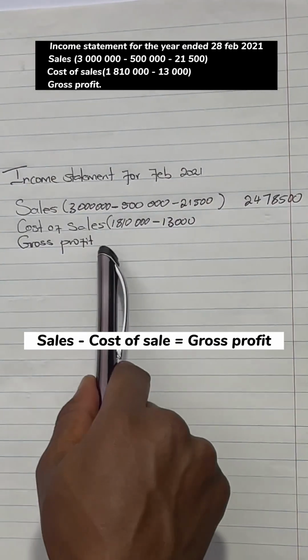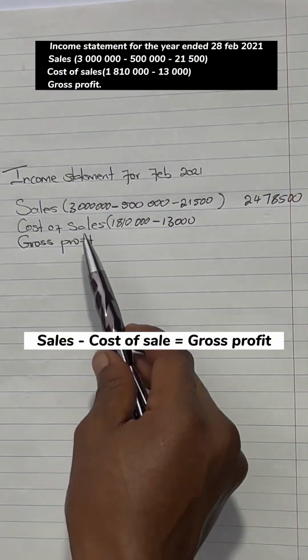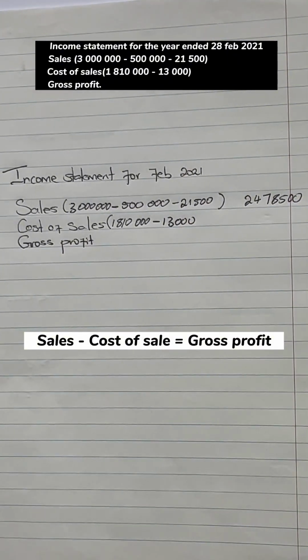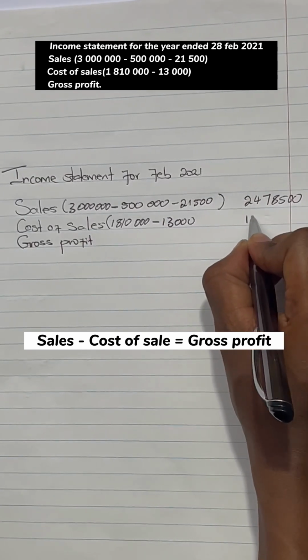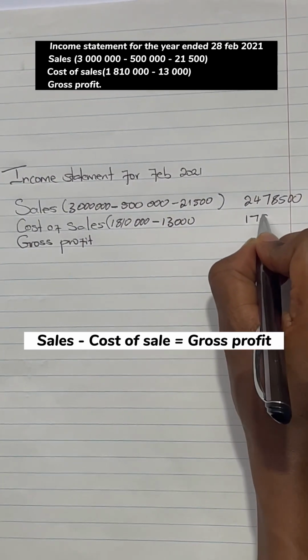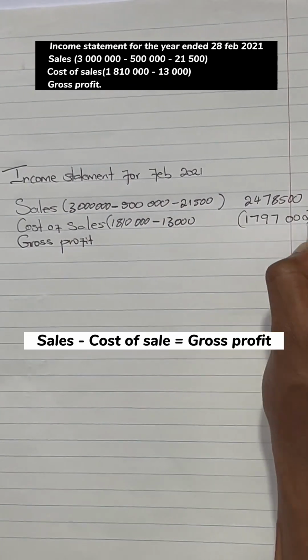And then we are going to subtract 13,000 from our cost of sales, and our final amount there will be 1,797,000 in brackets.